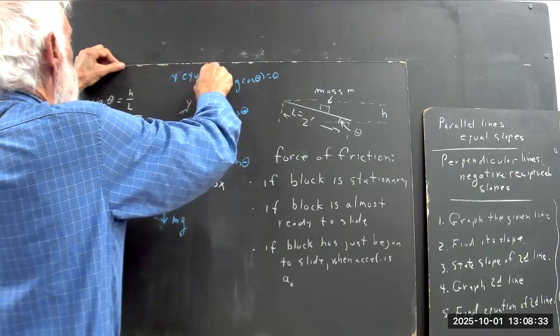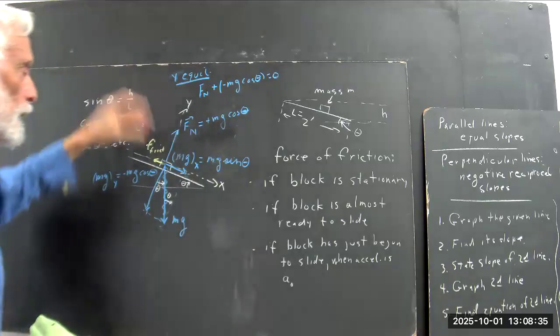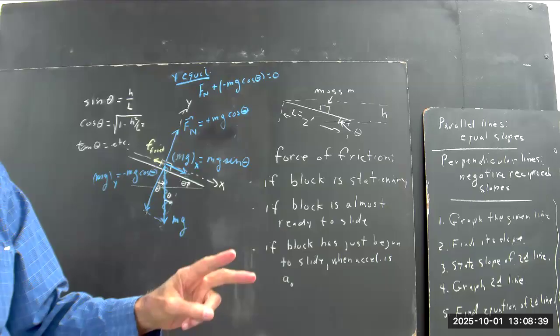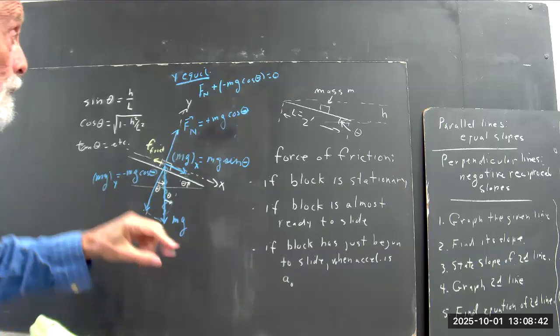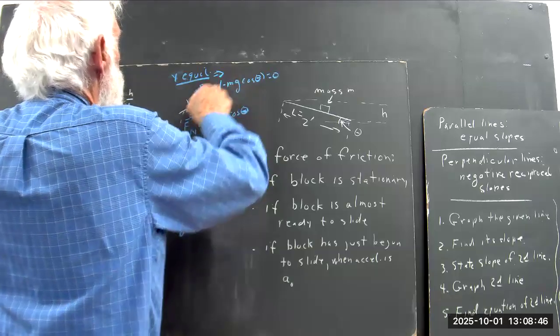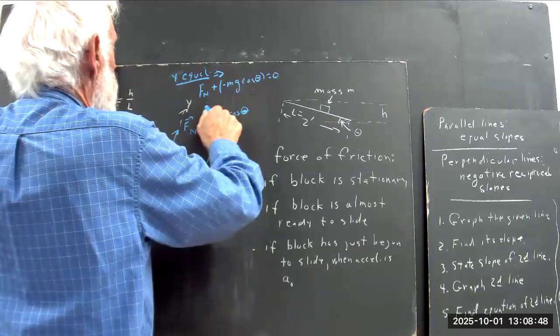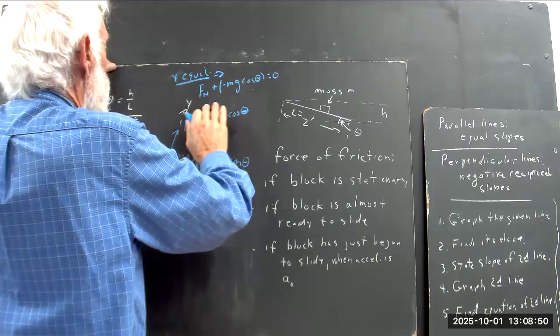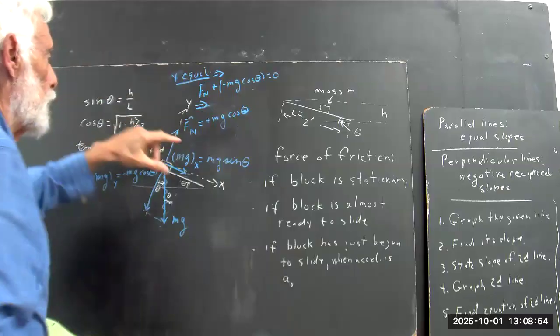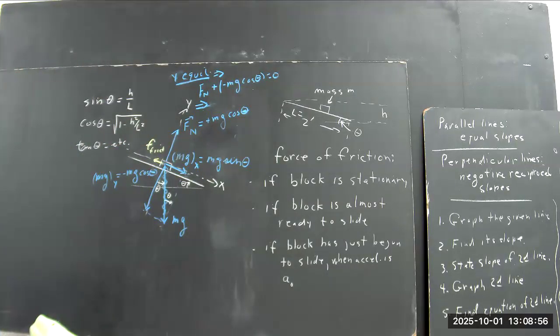Because of equilibrium in the y direction. There are only two forces right now in the y direction. That implies this, which implies this. This is why the normal force is mg cosine theta.